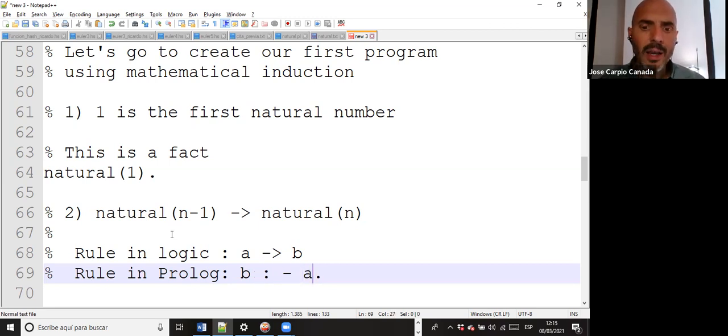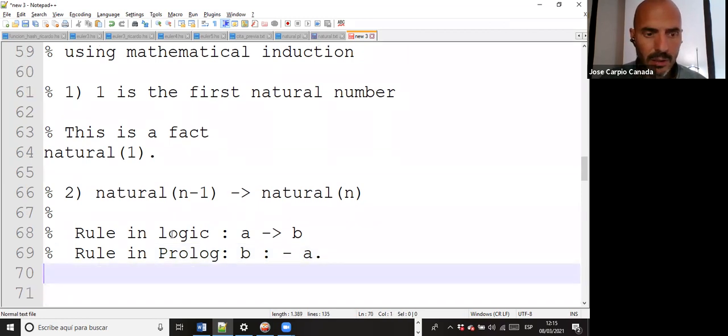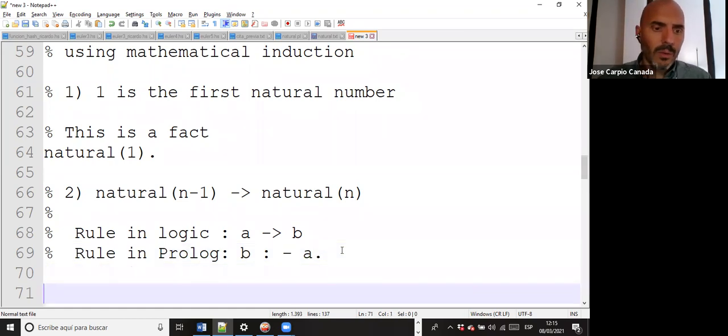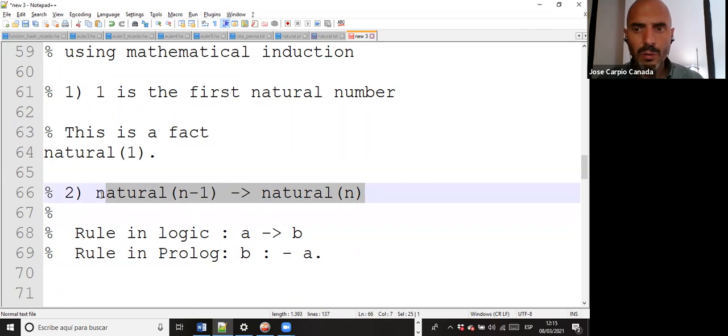Here, on the right side of this rule is the antecedent, and B is the consequent of the rule. We change the order in Prolog. So we have to express this line as a logical rule in Prolog.